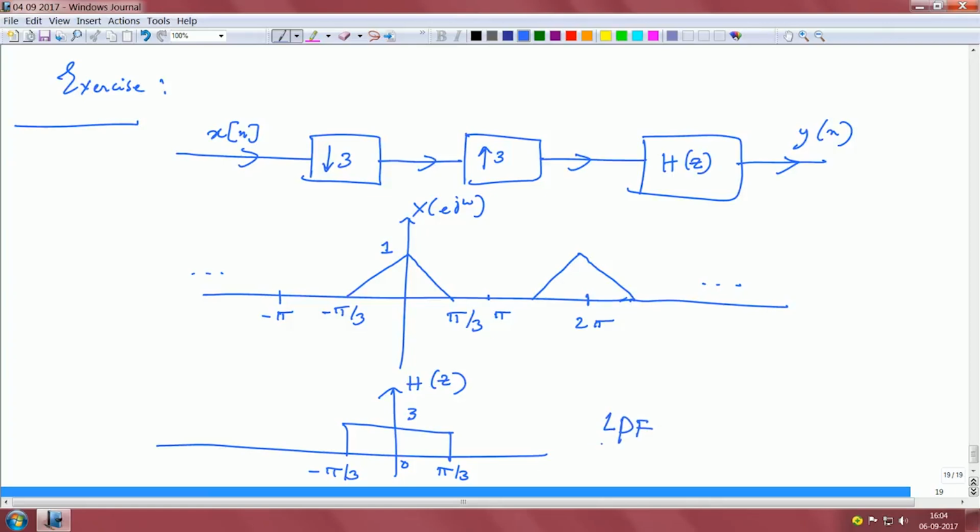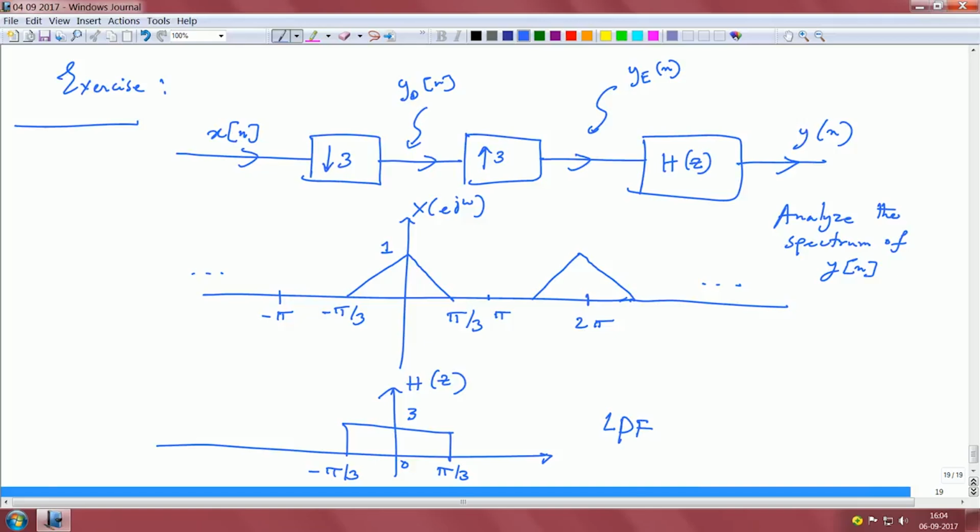It is a brick wall filter here, and I want you to analyze the spectrum of y(n). You have to look at the interim points also. This is after decimation, this is after expansion followed by filtering.